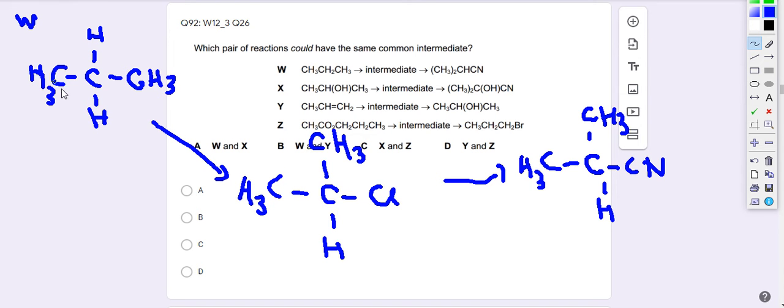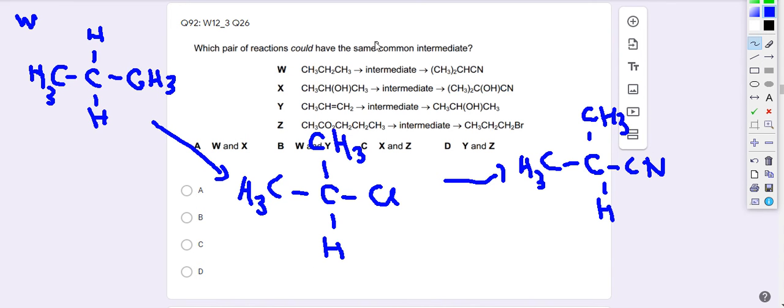Then I go back and look at this again. Can I turn this into halogenoalkane? This is an alkane. Yes, I can use free radical substitution. So now I can confirm that the intermediate for the W reaction is this halogenoalkane.